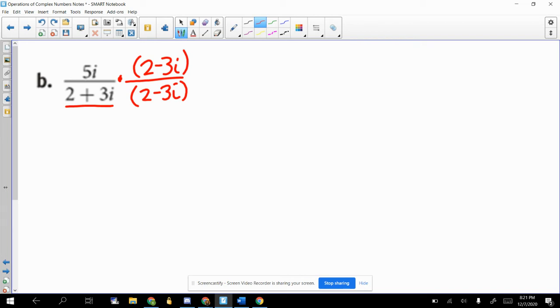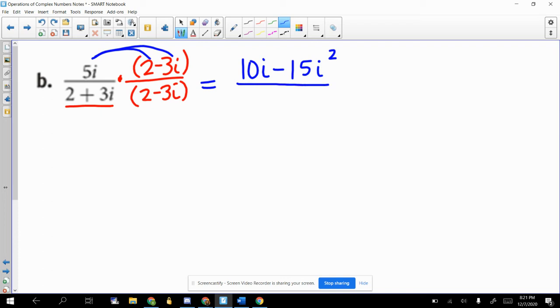Okay, so now the top is not bad because we can just distribute that 5i. So we get 5i times 2, which is 10i. And we get 5i times -3i, which is -15i squared. And I will come back and simplify, combine like terms, and plug in -1 for i squared in a second.